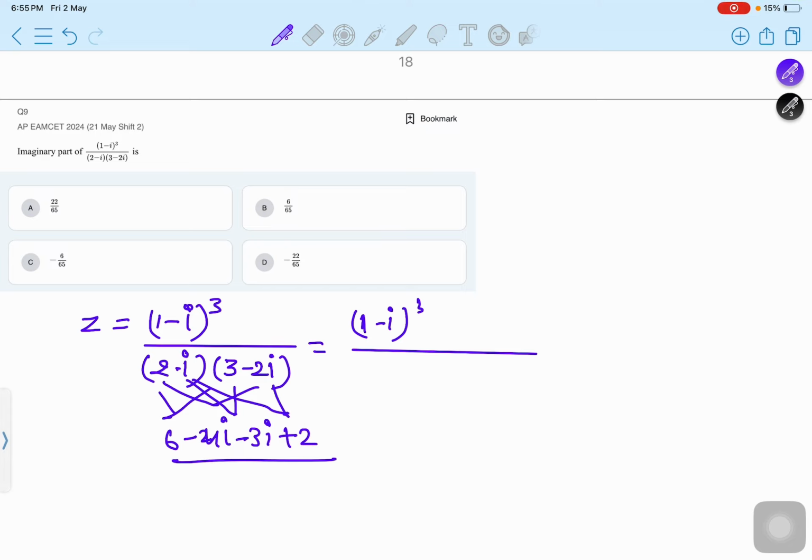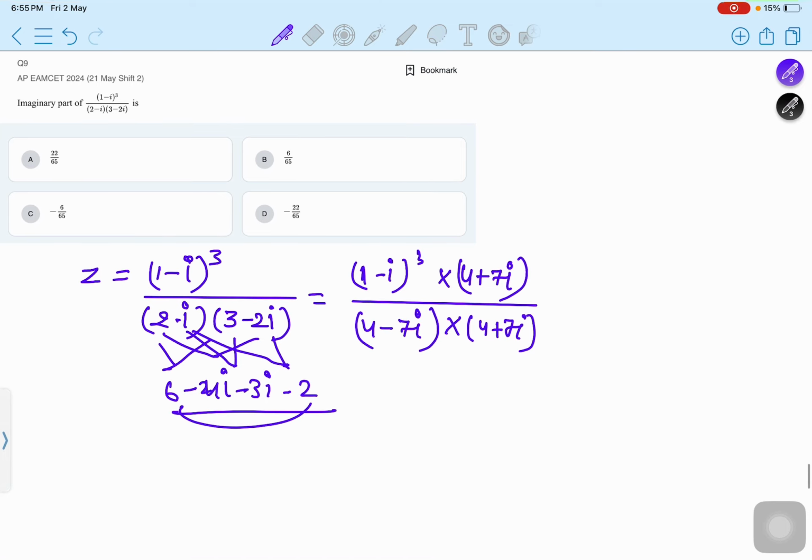So that's why it is minus 4, and minus 7 iota. Okay, and rationalize that, so 4 plus 7 iota, and 4 minus 4 plus 7 iota.